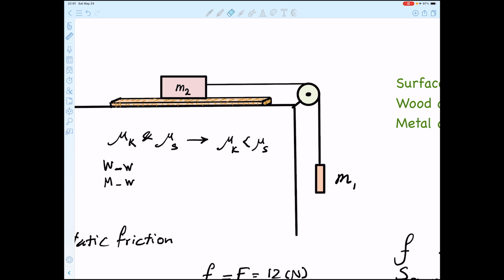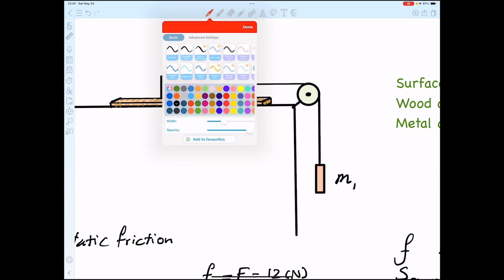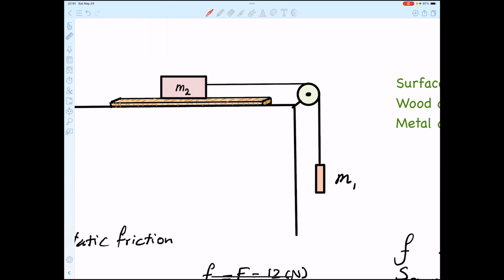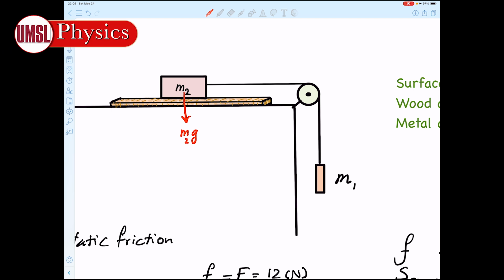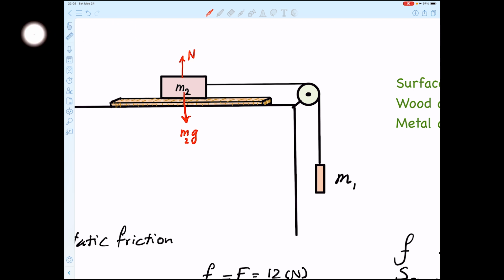Let's take a look at the setup that we'll have, and we'll go from there. Let me first go ahead and show all the forces. We'll have the force of gravity, mg. This is m2 to indicate that we're talking about this mass, so m2g. We'll have a normal force, normal to the surface.